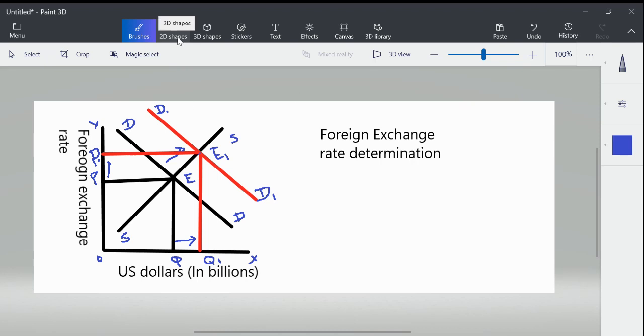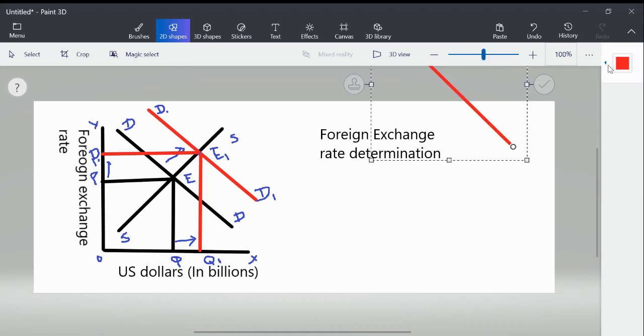So let us say the supply also increases in the same way. Now what happens? Let us put it in a different color.